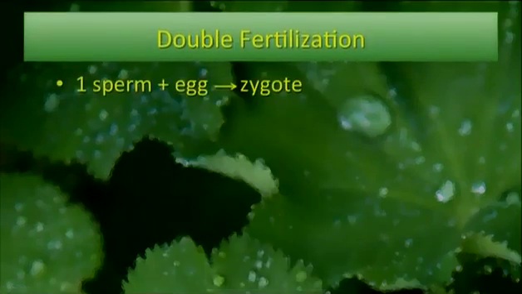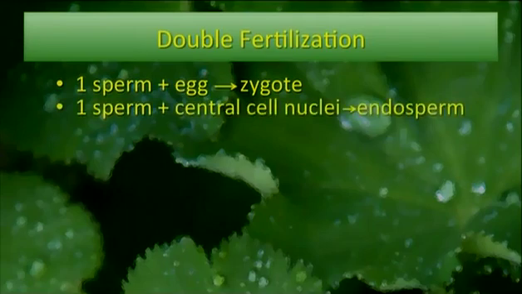So you have double fertilization, where one sperm plus an egg becomes a single-celled zygote, and the zygote later develops into the embryo. In flowering plants, you have this special situation called double fertilization. One sperm fertilizes the egg, the other sperm fertilizes the two central cell nuclei.